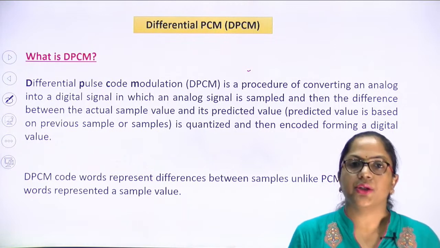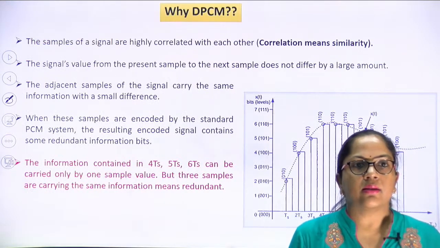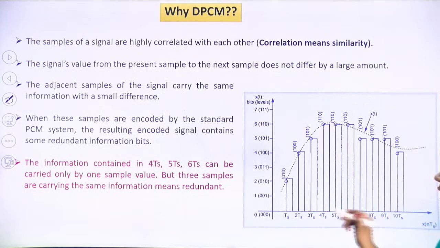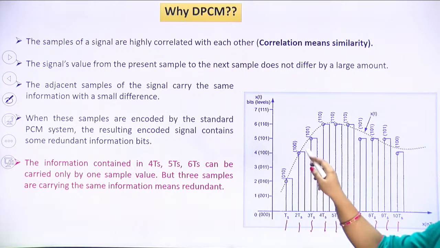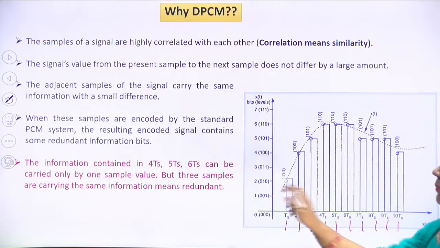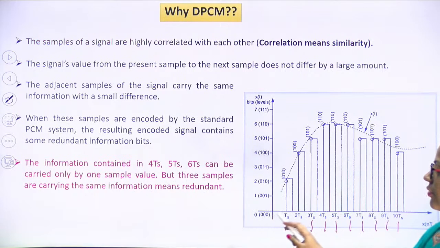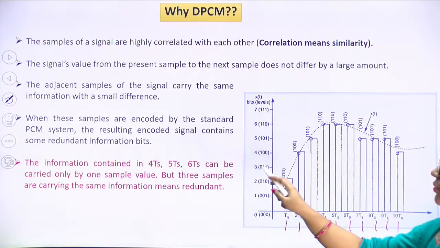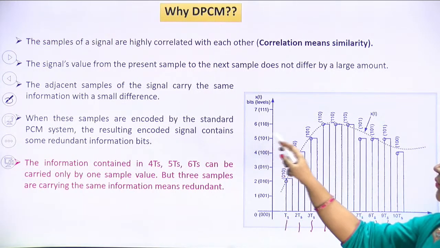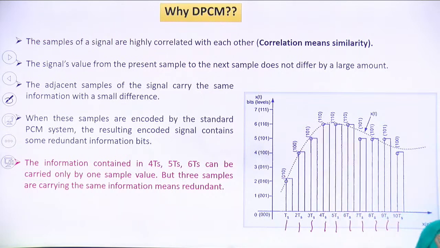How will it help us to reduce the bandwidth requirement? Let us understand with the help of this particular graph. Here in this graph, we can observe that the samples are present at Ts, 2Ts, 3Ts, 4, 5, 6, 7, 8, 9 and the 10th instant. Corresponding to each sample, we have some binary code, starting with 000, 001, 010, 011, 100, 101, 110 and 111.